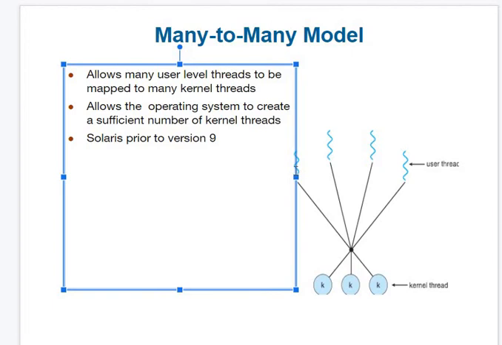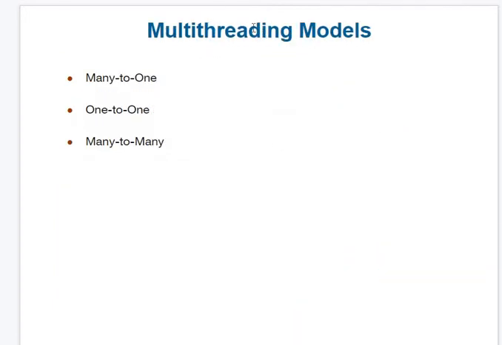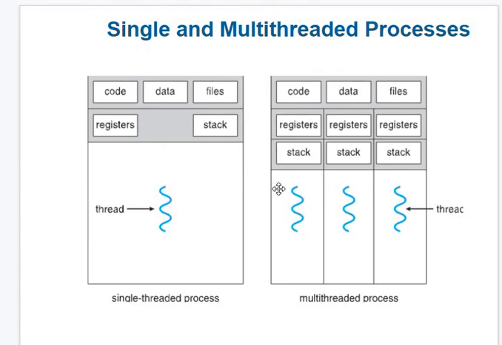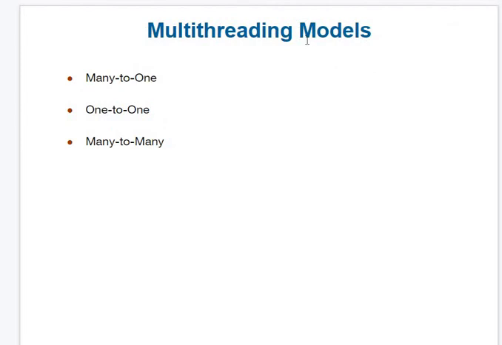I repeat this question because of its importance. One is multi-threading models. Please include this diagram also, because the question is for 8 marks. First explain that single threading means there is only one thread, which has all the resources available to it. In the multi-threading model, there are multiple threads; a few resources are separate for each, and a few are common and shared among them. Then come the models.